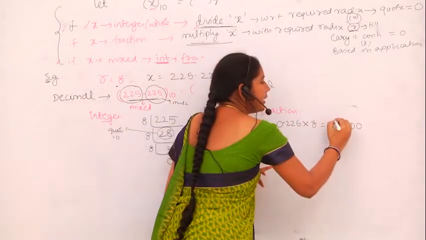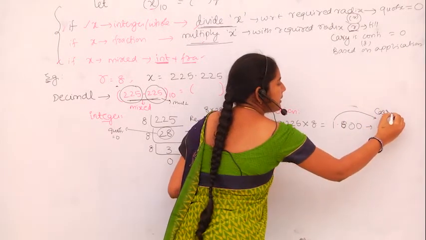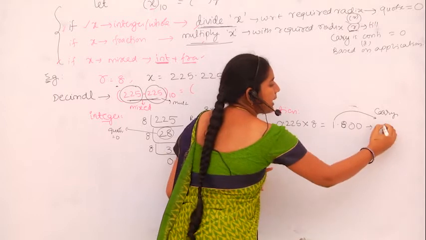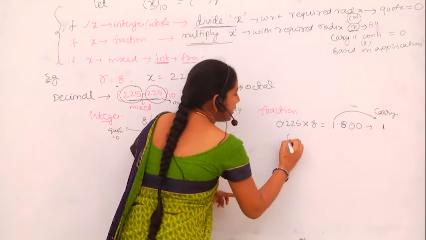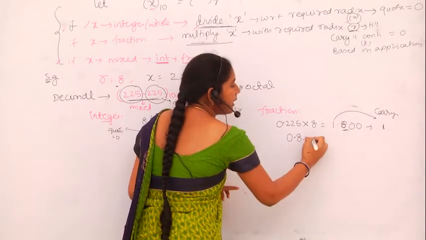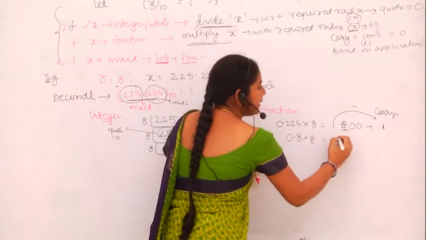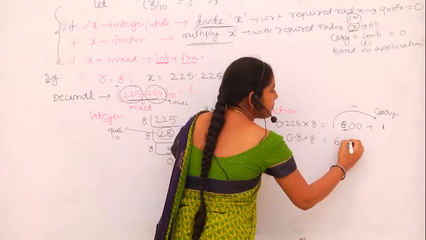Now take this carry out. Carry is nothing but the integer part, so carry is out and 0.8 goes to the next level, and multiply this 0.8 with the radix. Then we'll have 6.4.